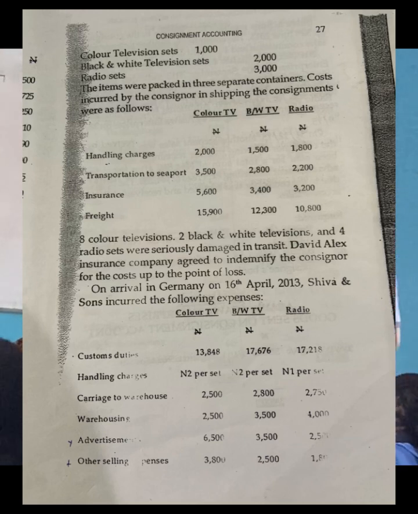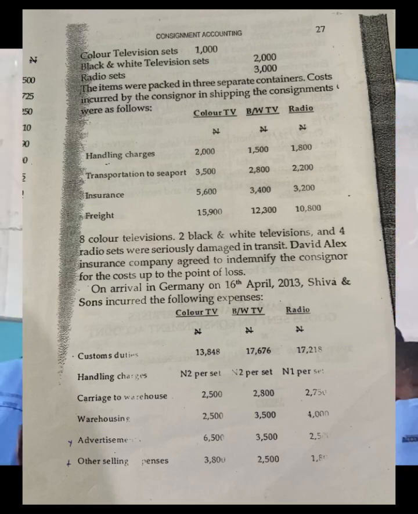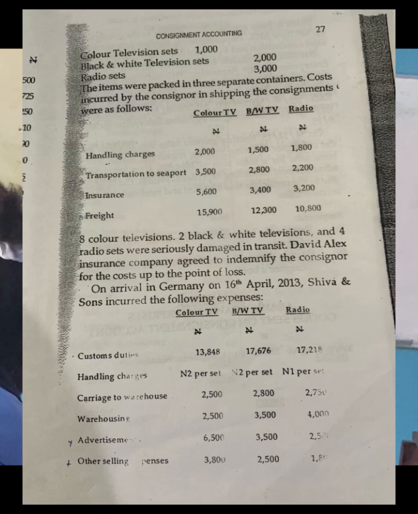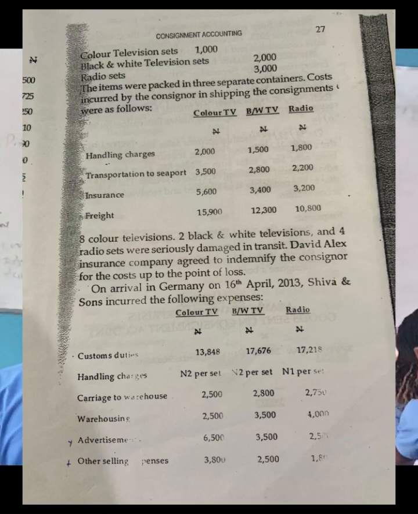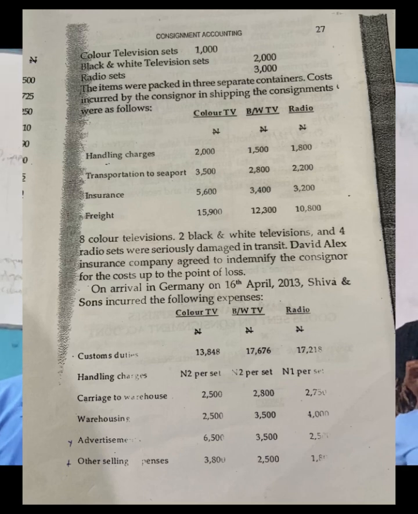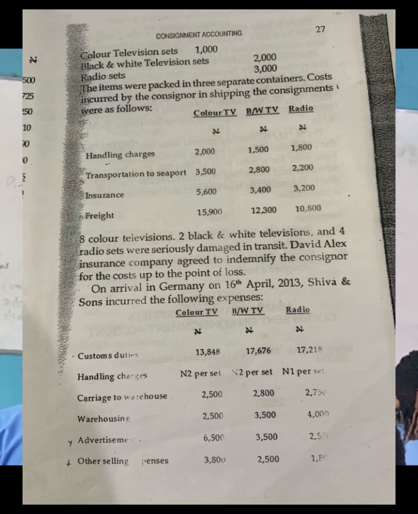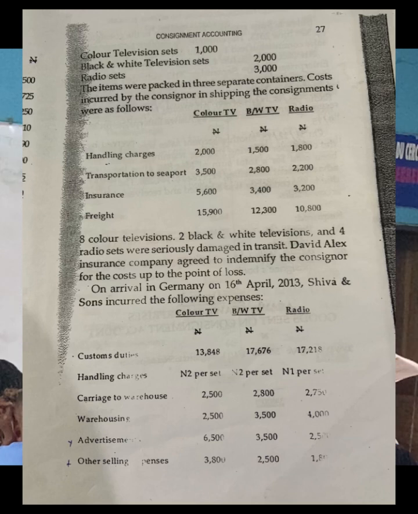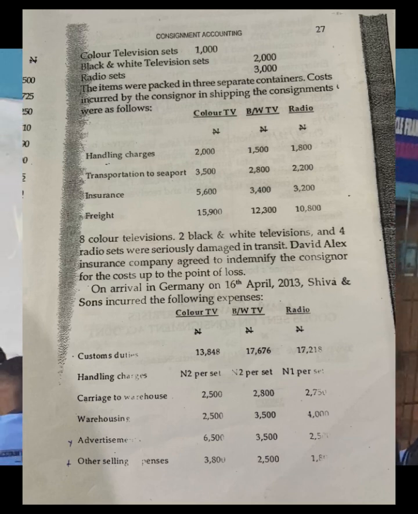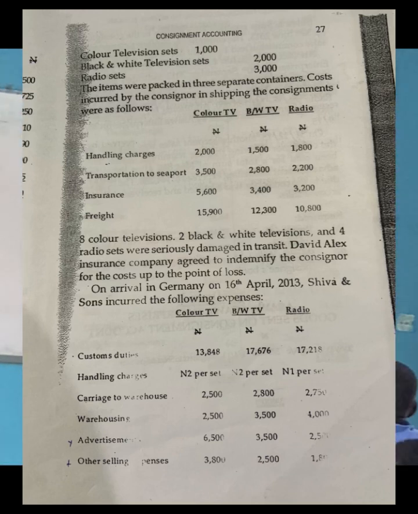Now we have that 8 color television. Now we are talking about 3 products, right? Our book of the product is for 3 different products, but they are sent by the single principal. So 8 colored television, 2 black and white televisions, and 4 radio sets were seriously damaged in transit.